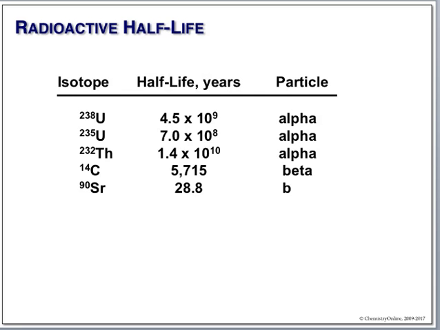Just as an example, uranium, 10 to the 9th years for its half-life, long time. Thorium, 10 to the 10th years. Carbon-14, we'll talk about this, 5,700. Strontium, like we said, about 28 to 30.